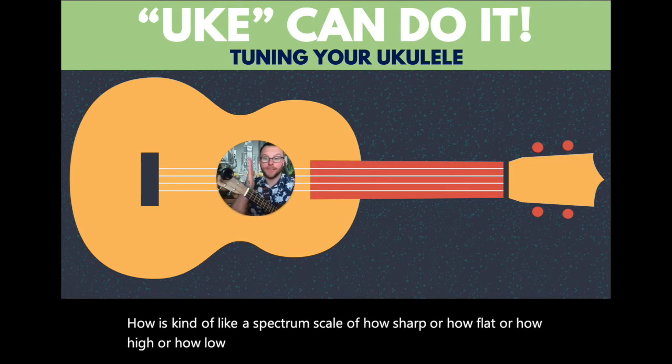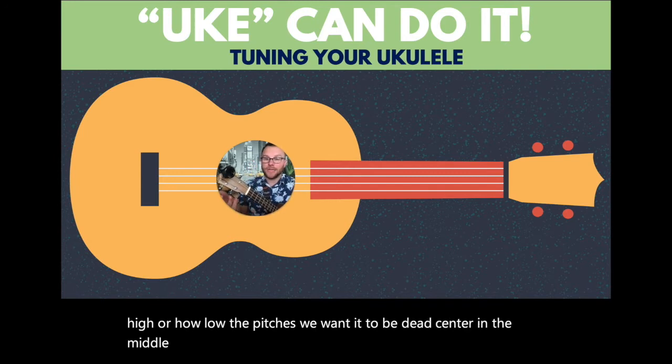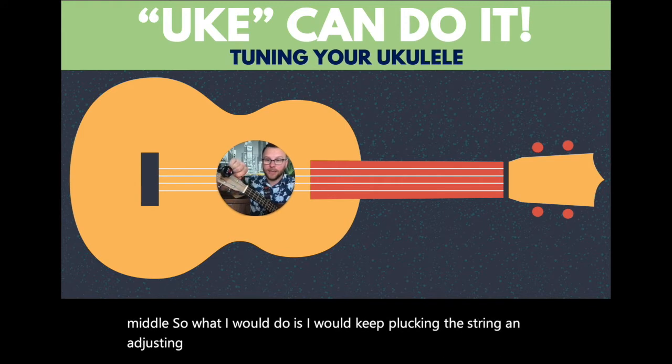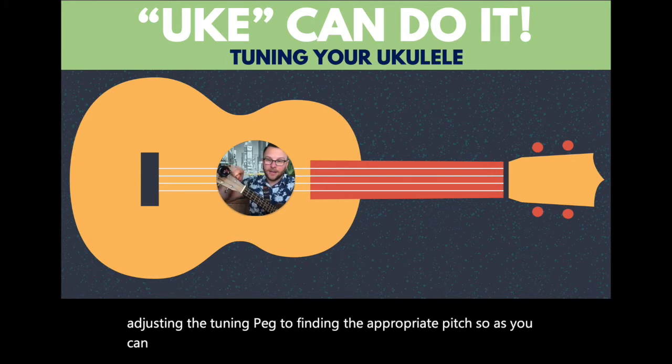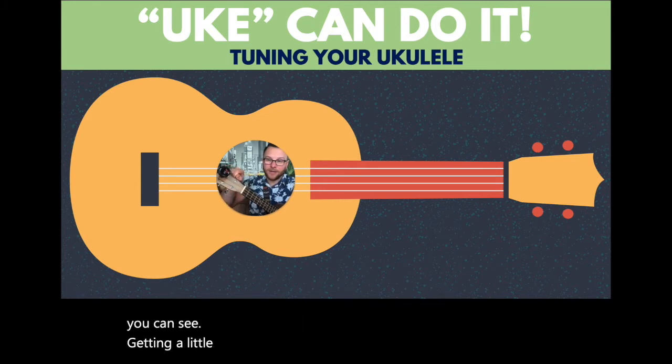We want it to be dead center in the middle. So what I would do is keep plucking the string and adjusting the tuning peg to find the appropriate pitch. So as you can see, getting a little bit higher. And there we go, we've hit it dead center, and that's where you want to be.